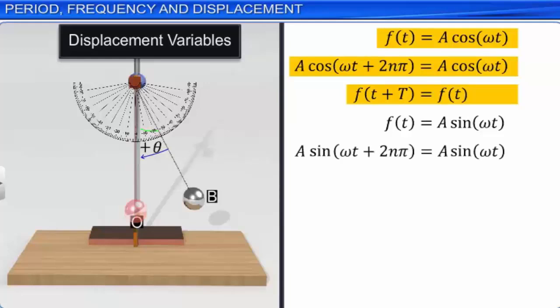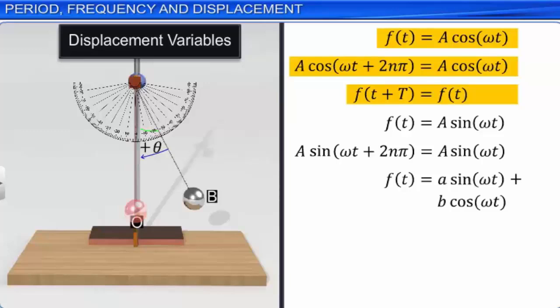A linear combination of two periodic functions is also periodic. For example, a periodic function can also be of the form f(t) = A sin ωt + B cos ωt, where A and B are constants.